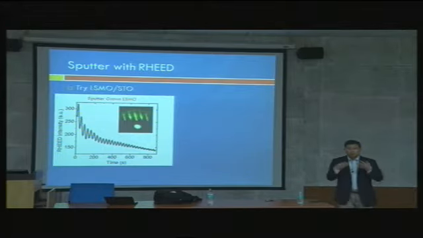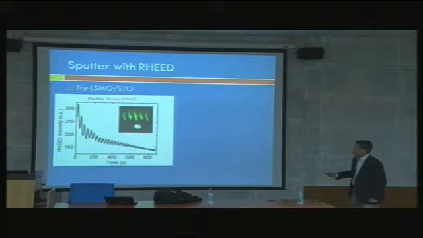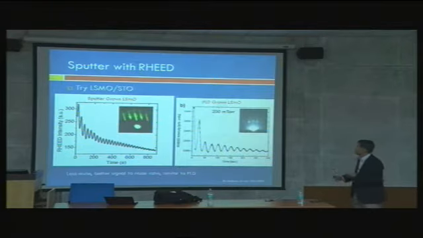You can even use in situ monitoring with sputtering, so we can have atomic layer controlled growth by off-axis sputtering. These are the PLD grown LSMO and the sputter grown LSMO, and you can see the pattern here, a bit of a bend, but eventually you can see the same thing.